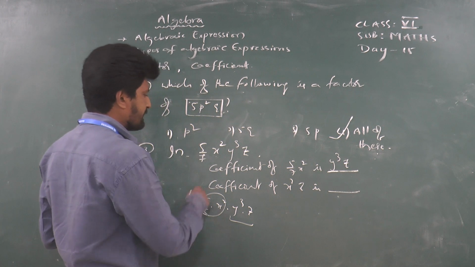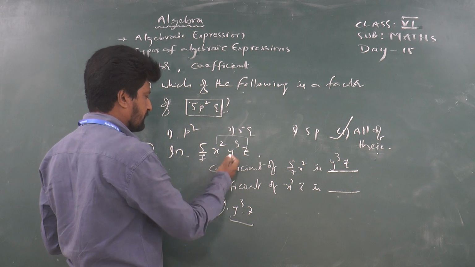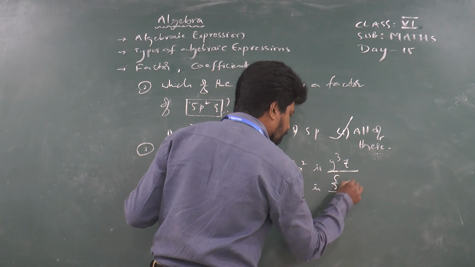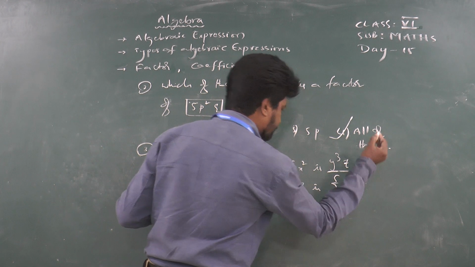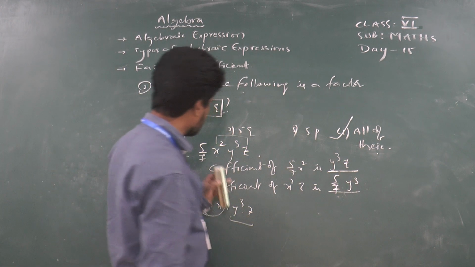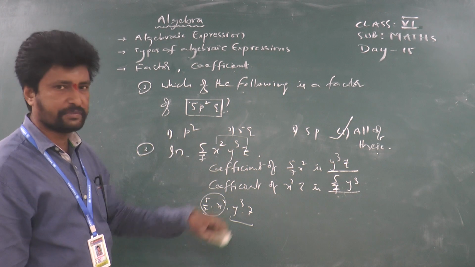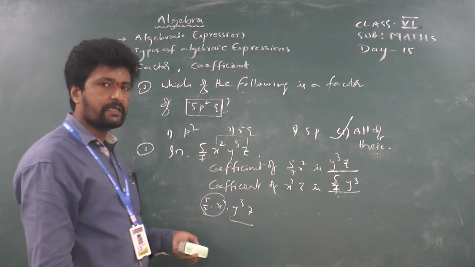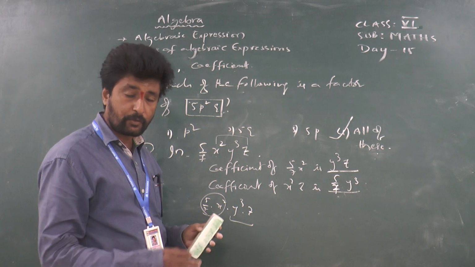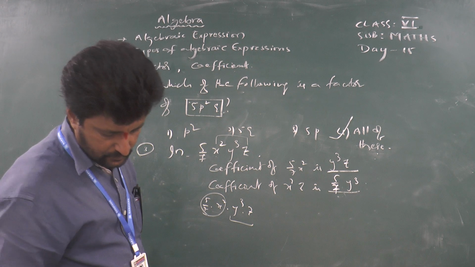And similarly x square z, this is the coefficient of the other factor 5 by 7 into y cube. Similarly, 5 by 7 is the coefficient of x square y cube z, like that. That means any factor is the coefficient of the product formed by the other factors of the term. Next.